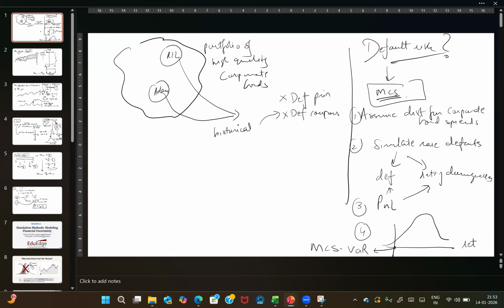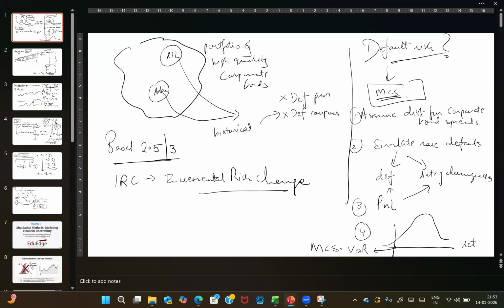By the way, this approach is popularly used in Basel 2.5 and 3. In the regulatory documents, this approach is called IRC, which is incremental risk charge.